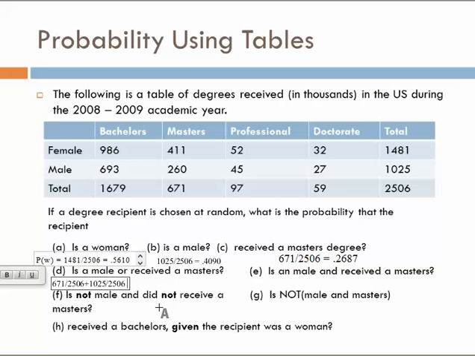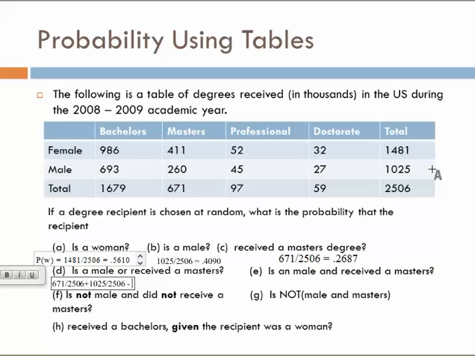Now, if you noticed when we did that row and column, we double counted this number right here, the 260. So we want to uncount that, right? We counted it when we counted the 671, and we counted that same 260 when we counted the males.